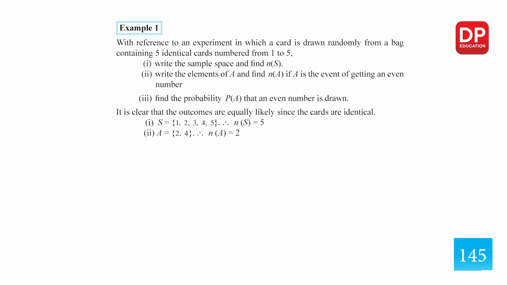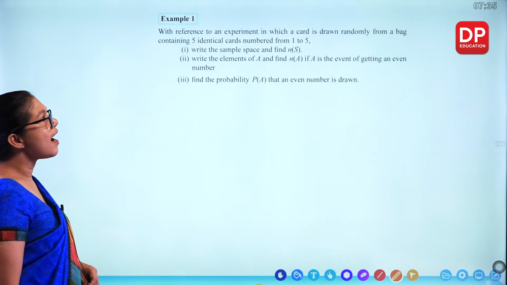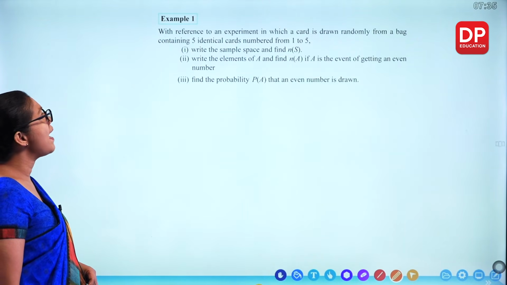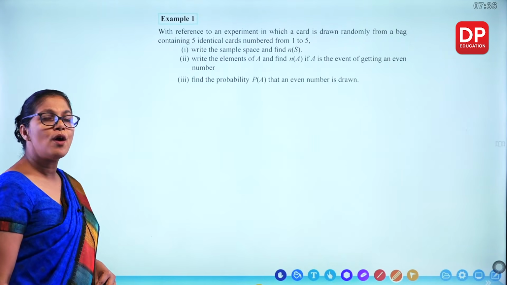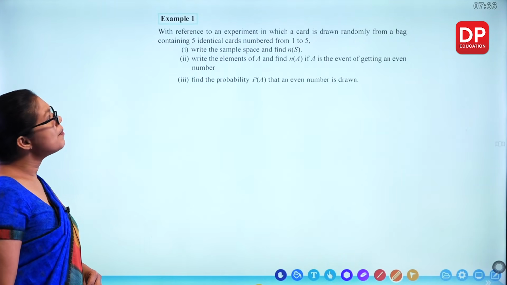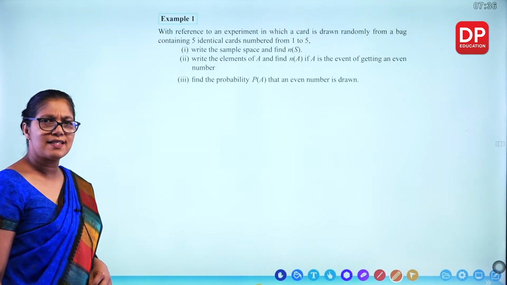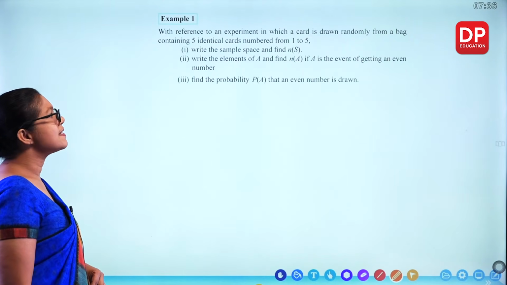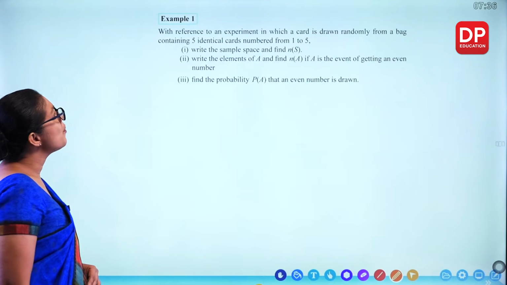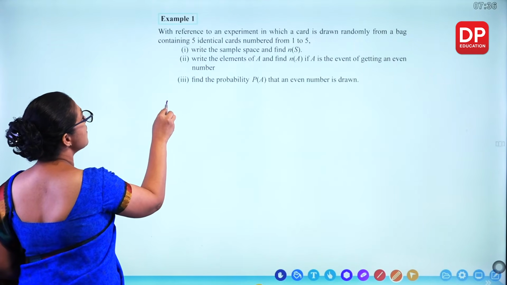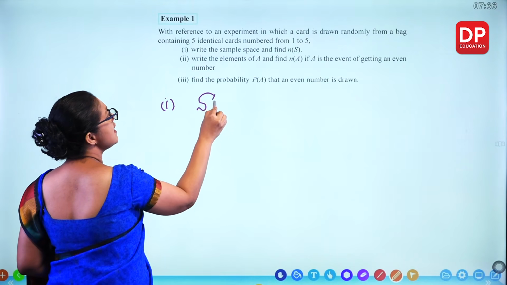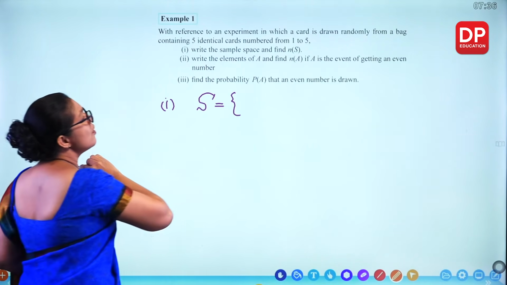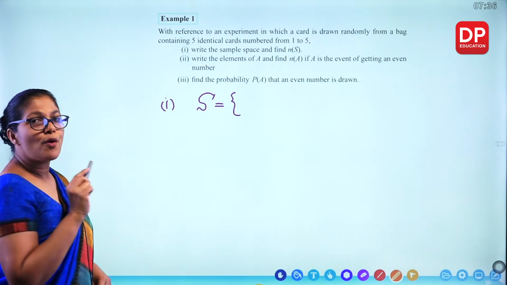Now we'll take example number 1. With reference to an experiment in which a card is drawn randomly from a bag containing 5 identical cards numbered from 1 to 5, write the sample space and find N(S). What is N(S)? Number of elements in the sample space. So we'll take the first part, write down the sample space. S is equal to, with curly brackets, you have to write down the outcomes.